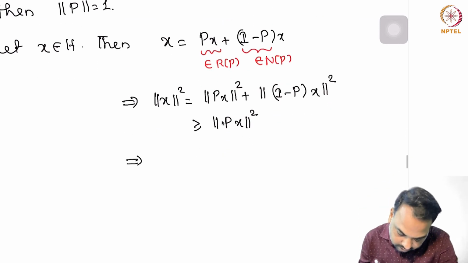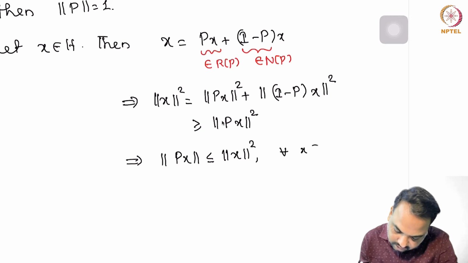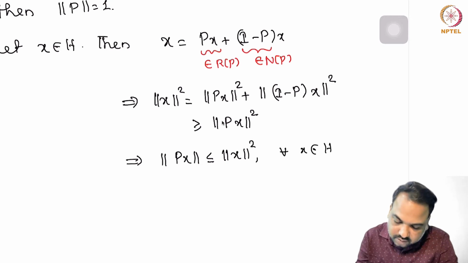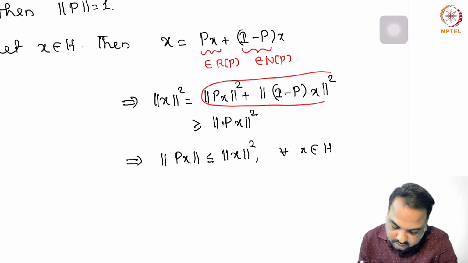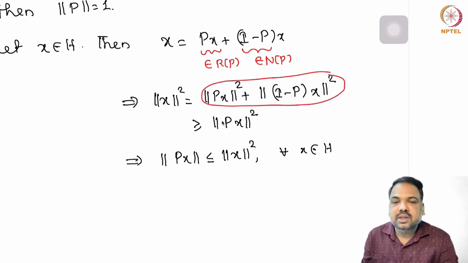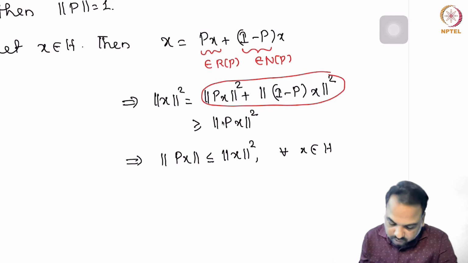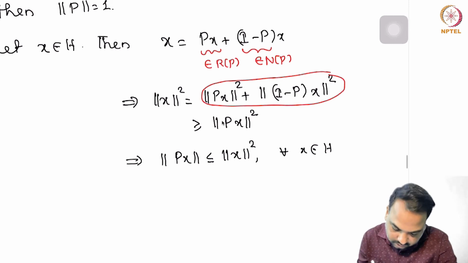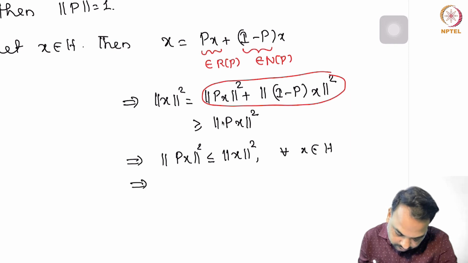So this implies norm of Px square is less than or equal to norm of x square for every x in H. So here we have used the Pythagorean property. Because Px and I minus Px are orthogonal to each other, we can use the Pythagorean property. So from this we can conclude that norm of P is less than or equal to 1.